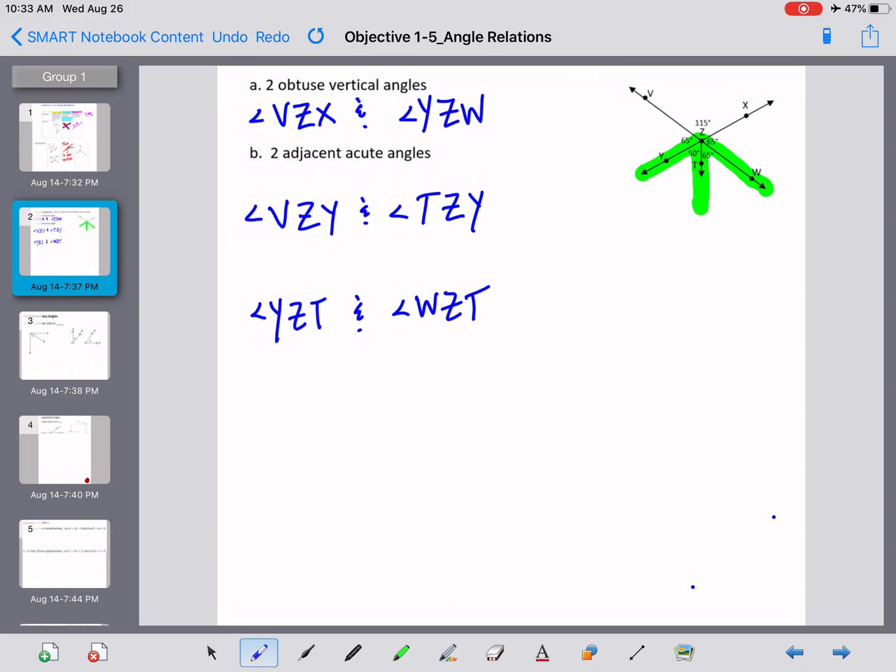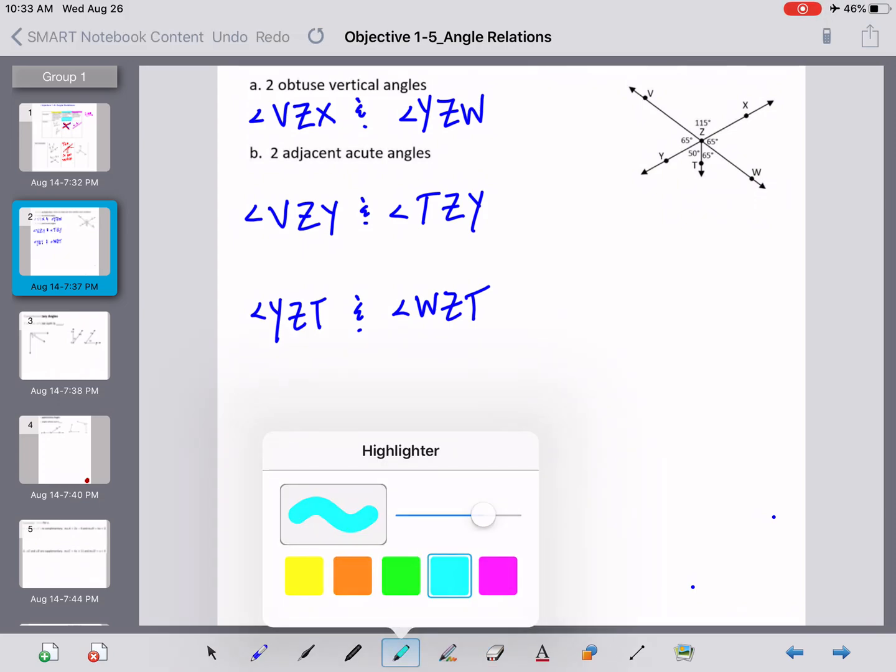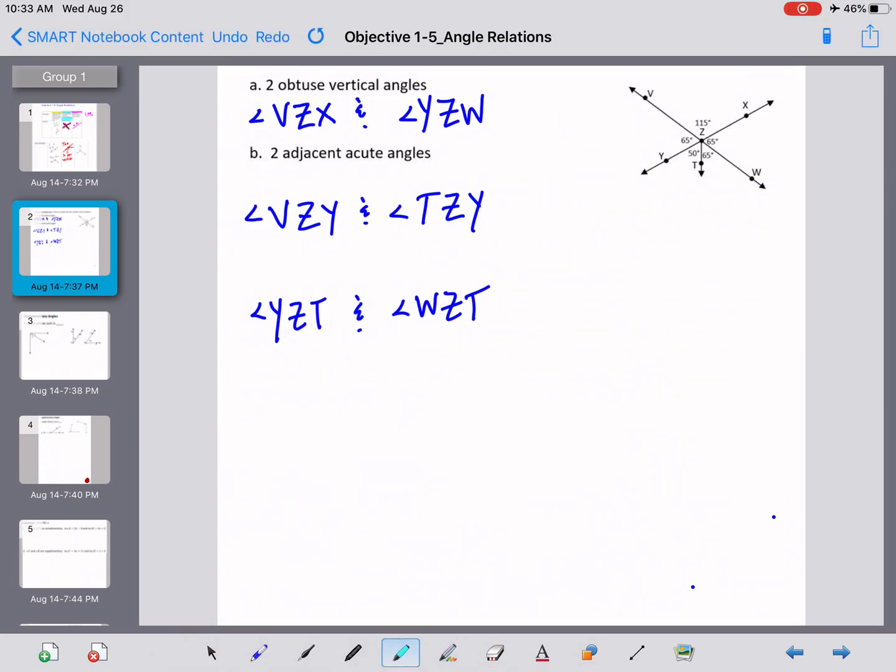And it looks like I have one more set. So let's get back to the original picture and look one more time because I want you to be able to see all of these. Angle TZW and angle XZW.